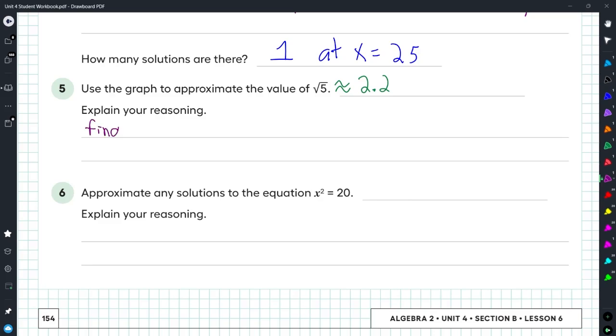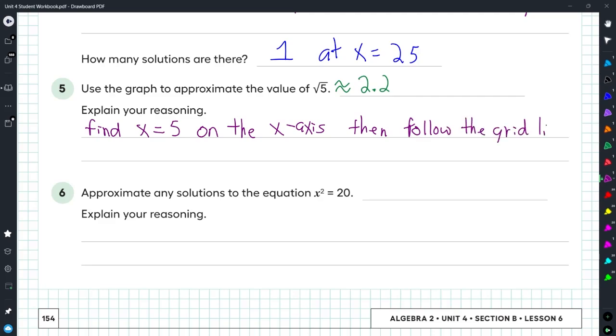So we find x equals 5 on the x-axis, then follow the grid line up to where the function square root of x intersects.